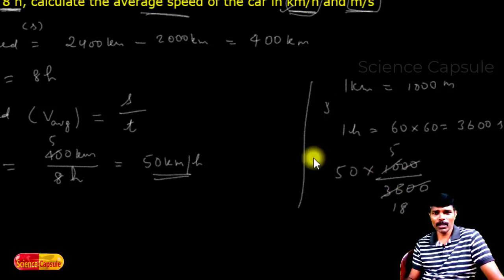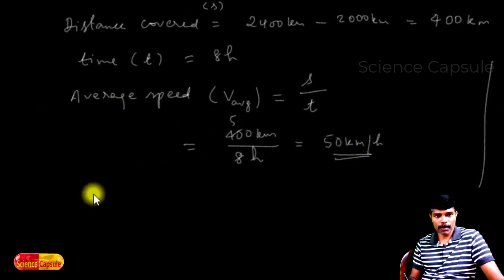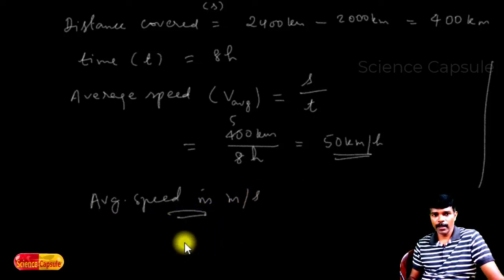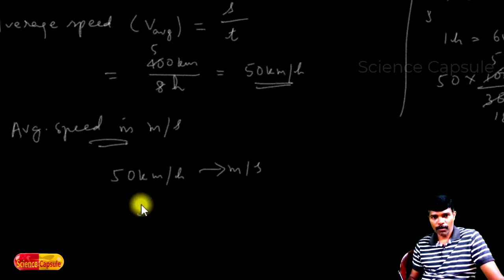Instead of going through this tough process, simply whenever speed exists in kilometer per hour, it can be converted into meter per second by multiplying the value in kilometer per hour by 5 by 18. Okay, so simple way. So for the second part of this question, average speed in meter per second, what will we do? 50 kilometer per hour, in order to convert this into meter per second, we do 50 multiplied by 5 by 18.